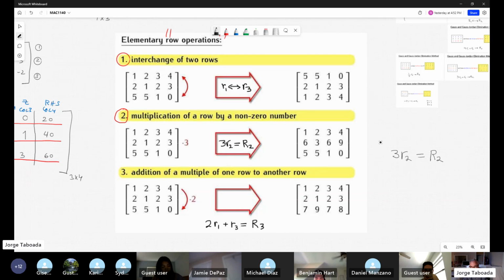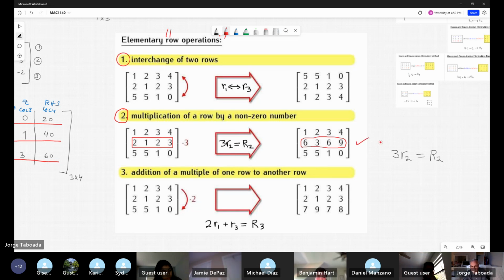It means you multiply the entire row 2 by 3 and get that new row. So 3 times 2 is 6, 3 times 1 is 3, 3 times 2 again is 6, and 3 times 3 is 9. No problem, because this matrix is 100% equivalent to the original.